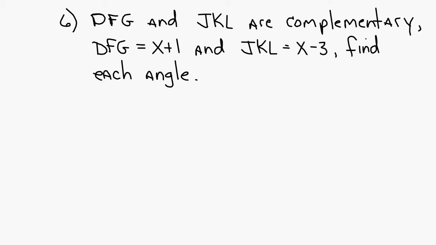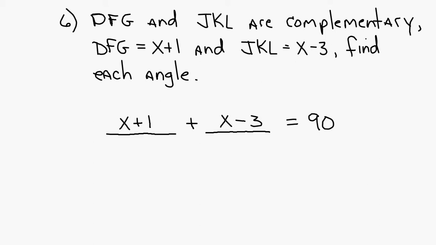Complementary means sums to 90. So you've got an angle plus another angle, and it's got to equal 90 degrees. Here's one of your angles, which is x plus 1. The other angle is x minus 3. And they have to equal 90.